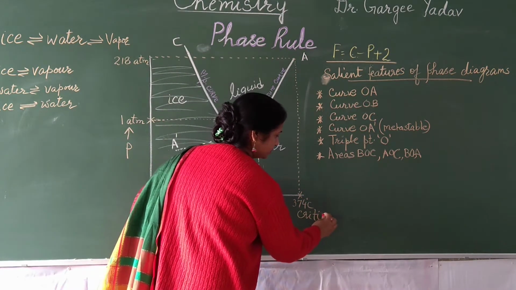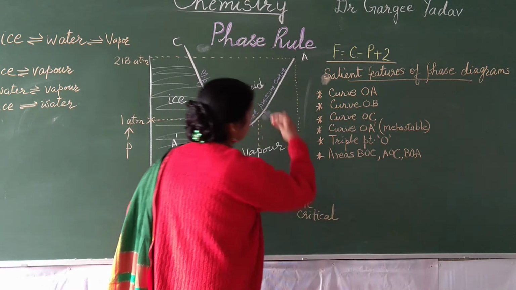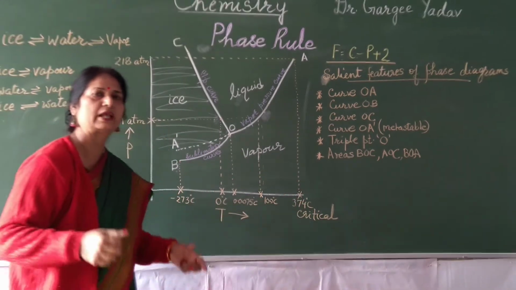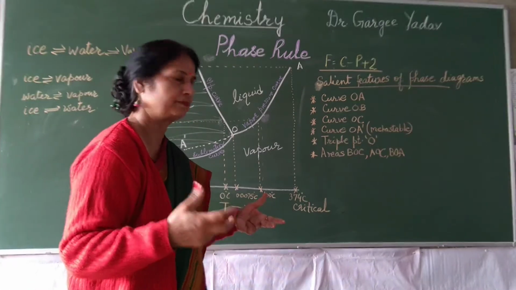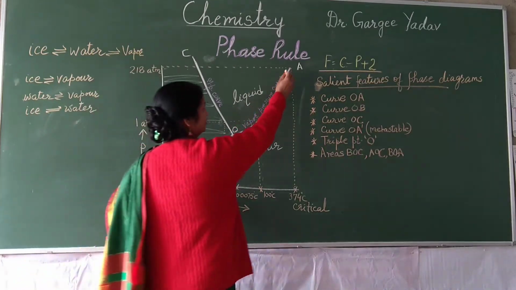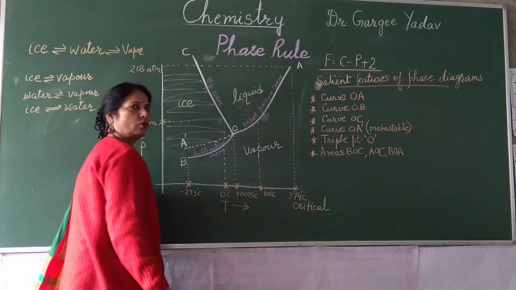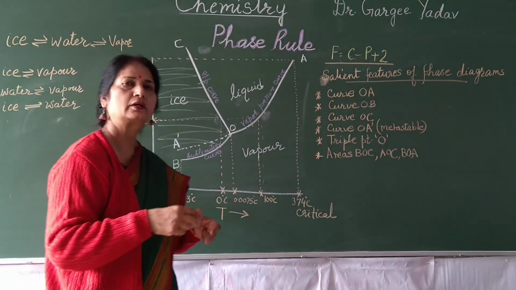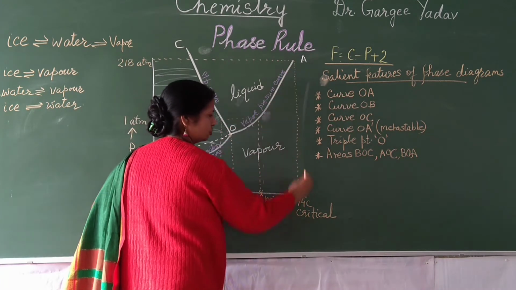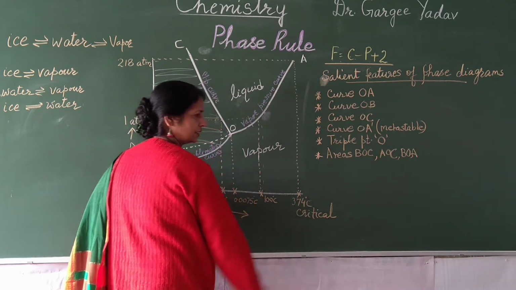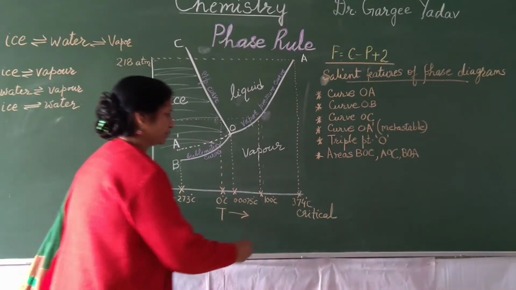Beyond this temperature, there will be only vapor, or you can say some homogeneous phase. The liquid phase will not exist, and only a homogeneous form of critical mixture will exist, and this corresponds to 374 degrees centigrade, which is the critical temperature.